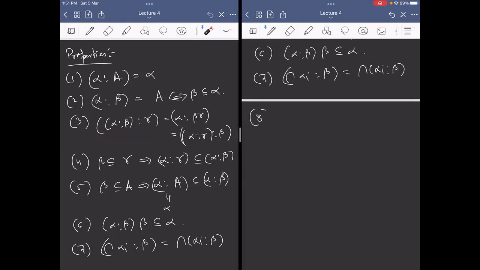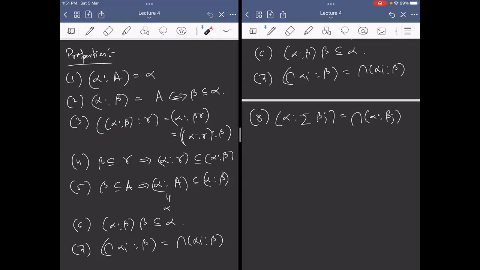And finally, if you take alpha colon the sum of beta_j, then it becomes the intersection of alpha colon beta_j. So take some x from alpha colon the sum of beta_j, then if you multiply it with any element of beta_j, that is an element of the sum, and therefore it becomes inside alpha, and therefore x is in alpha colon beta_j for all j.